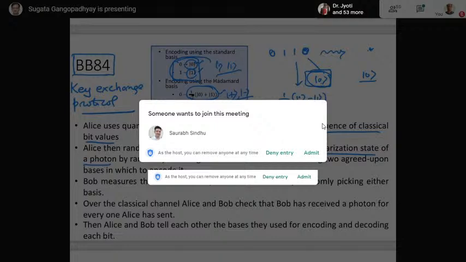And suppose this is the first bit that Bob gets at Bob's end, and suppose Bob has chosen the wrong thing. So Bob will get plus or minus. So this is the basis that Bob has chosen. So Bob's result is either this or this. Now, if Bob's measurement result is this, then Bob will say that Alice sent 0, and otherwise Alice sent 1.